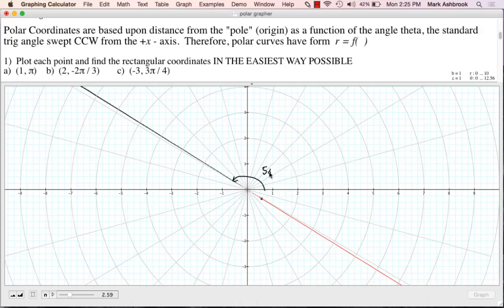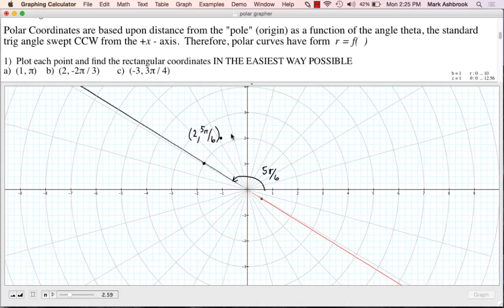And so say r equals 2. Once you sweep that angle, the terminal ray is pointing in the direction of r. So this right here is not negative 2, it's positive 2. This point is 2 comma 5 pi over 6.